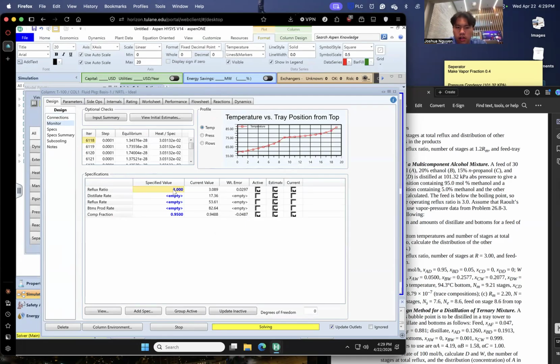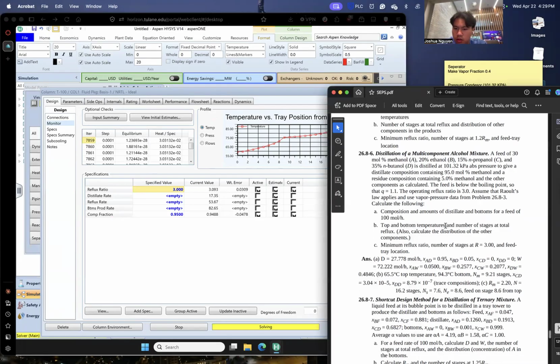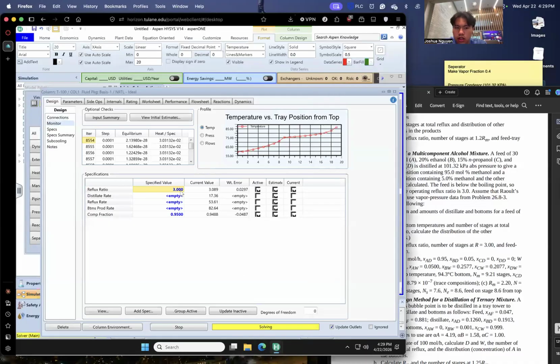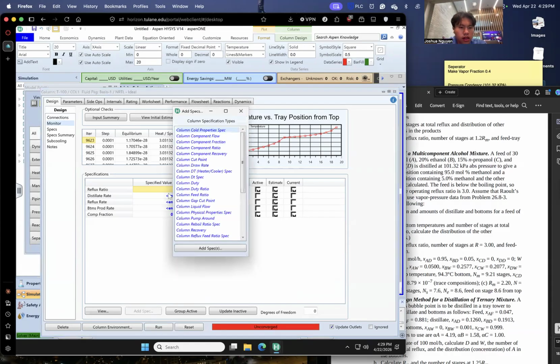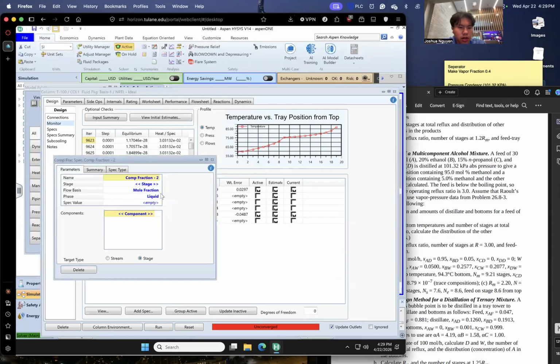Or maybe I should take the distillate rate to be fine, minimum and feed stage location. Let me see if I could minimize it by the fractions.